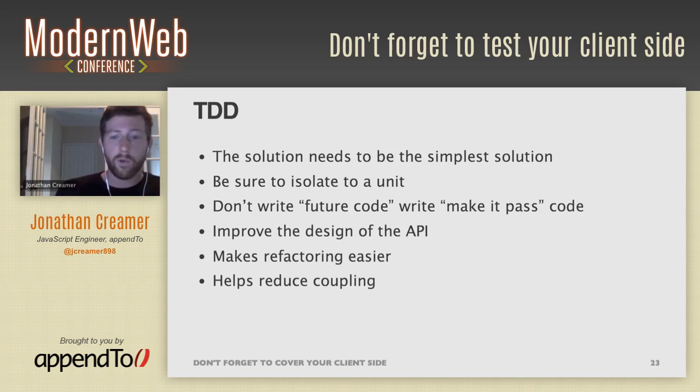And as we said before, it really does help you improve your API, because as you're doing these quick TDD tests, you're thinking about how you want your code to be called. Another really great thing with TDD is that refactoring becomes much easier.